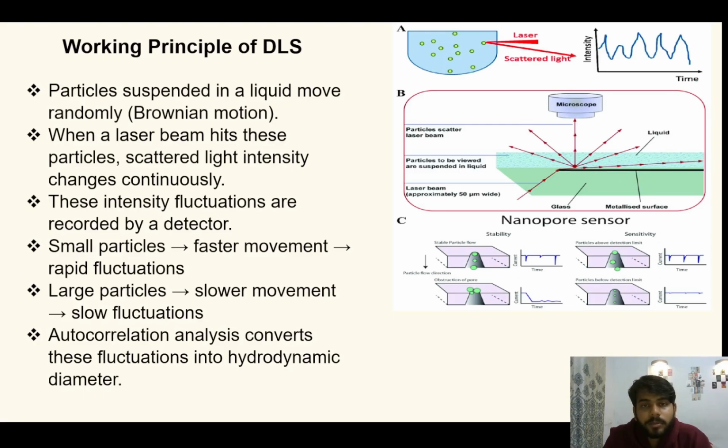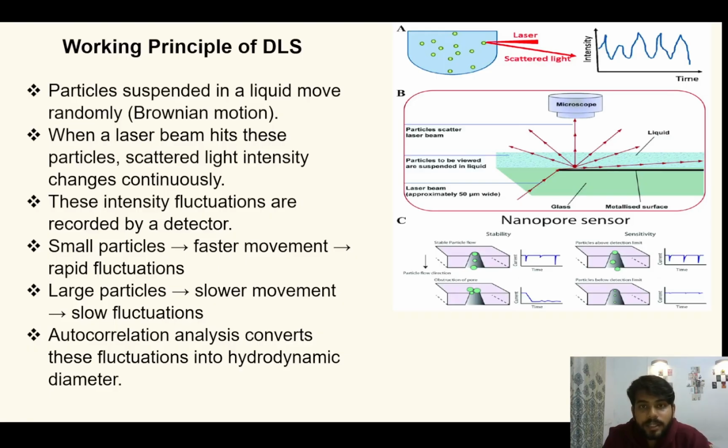Since these particles are continuously moving, the scattered light intensity changes continuously, and these intensity fluctuations are recorded by our photodiode or PMT. As we all know, smaller particles move faster, so they cause very rapid fluctuations, and larger particles move very slowly, so they cause slow fluctuations.